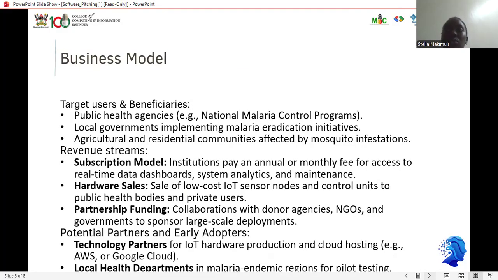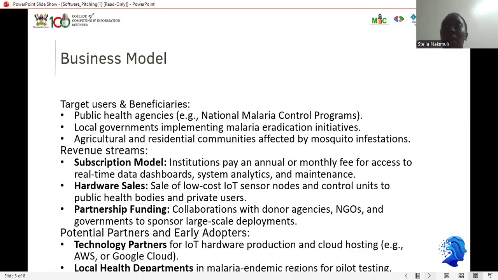In the business model, here we look at the target users and the beneficiaries. Our smart mosquito trap will benefit public health agencies, local government, and other people, mainly in rural areas, because they are at very high risk of facing malaria vectors.